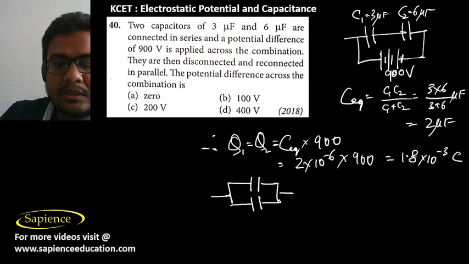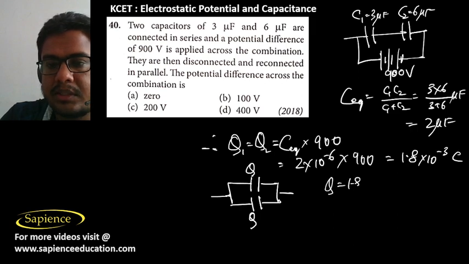So each is having charge q, where q is 1.8 into 10 power minus 3 coulomb.